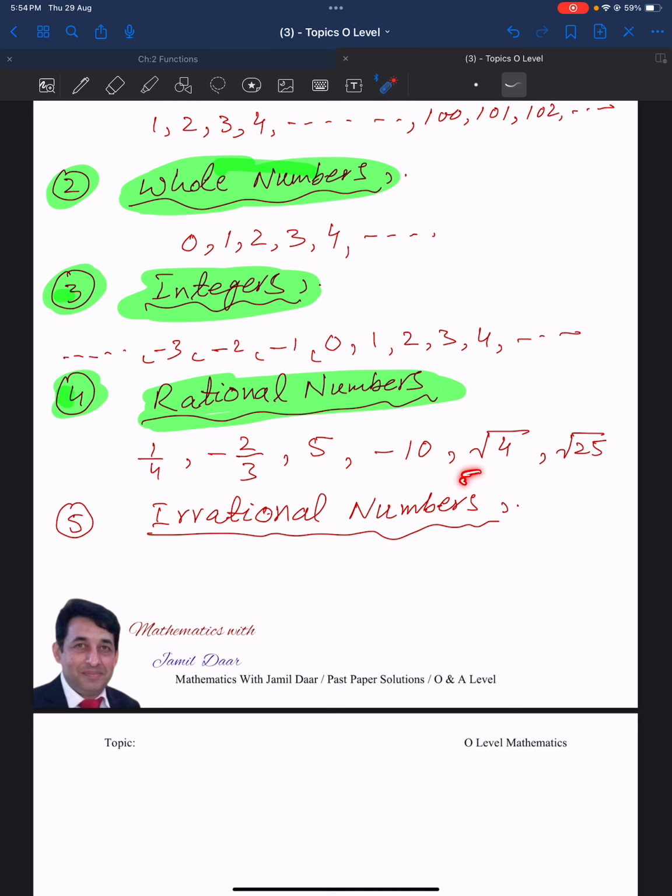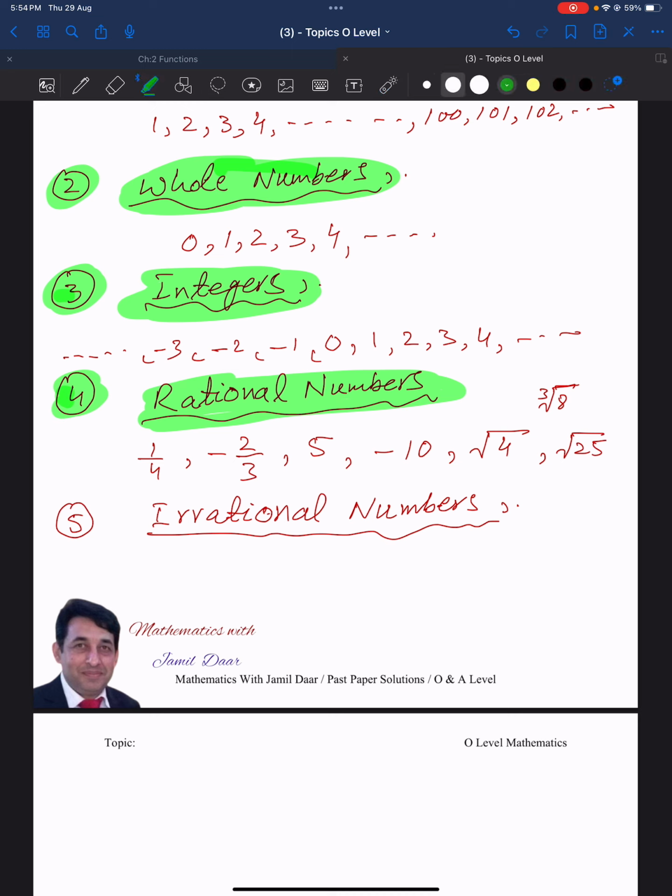Like the square root of 4 is a whole number, 2. The square root of 25 is 5. Like cube root of 8, that is 2. So it's a rational number.